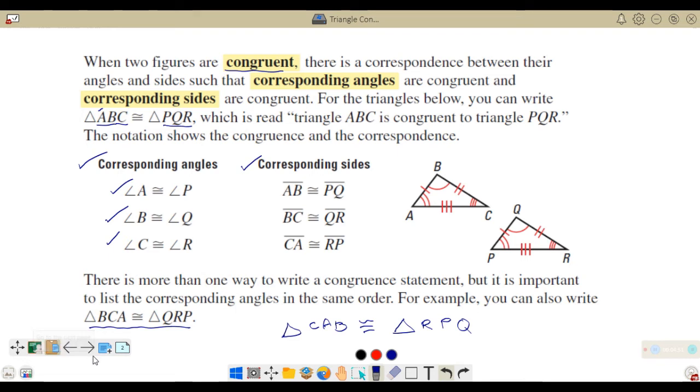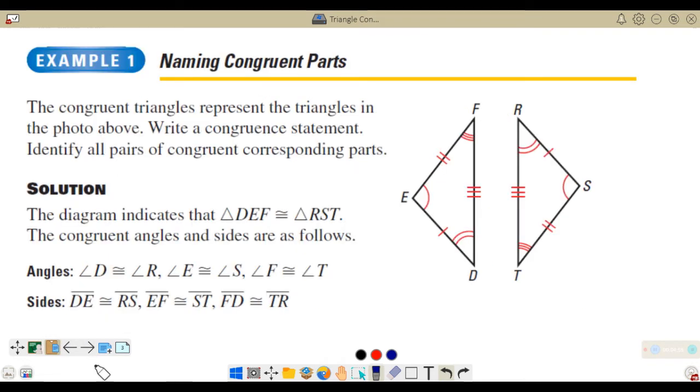Okay. So, I think this time we are going to have naming congruent parts of the triangle. So, dito, the congruent triangles represent the triangles in the photo. Hindi siya above, on the side siya. Write a congruent statement and identify all parts of congruent corresponding parts.